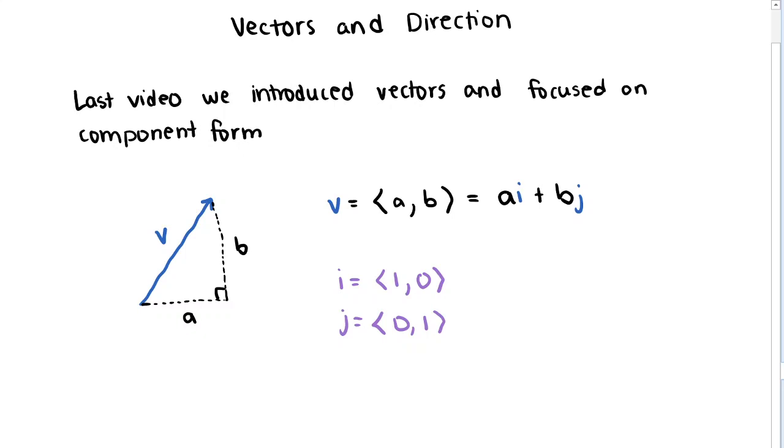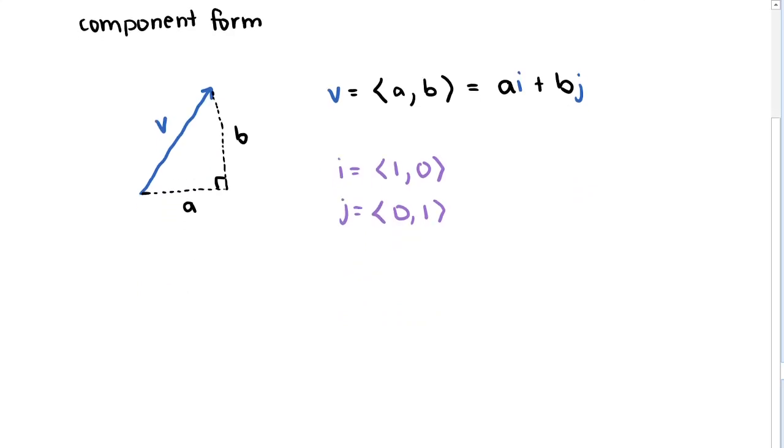In this video, I'd like to change our direction a little bit and focus on the idea that a vector really represents a distance and direction. We said a vector is a line segment with direction, so there are really two pieces of information in there, distance and direction.